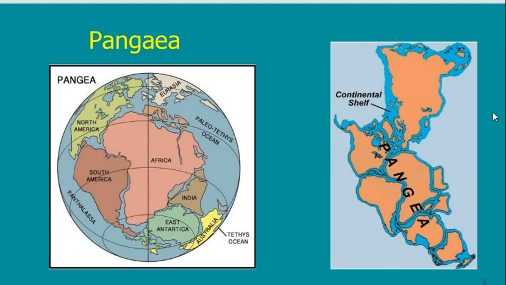Europe and Asia moved this way, and India moved this way, and they met together. So it means that India was not part of Asia. It was part of Africa. It split from Africa and drifted till it reached Asia and collided together.